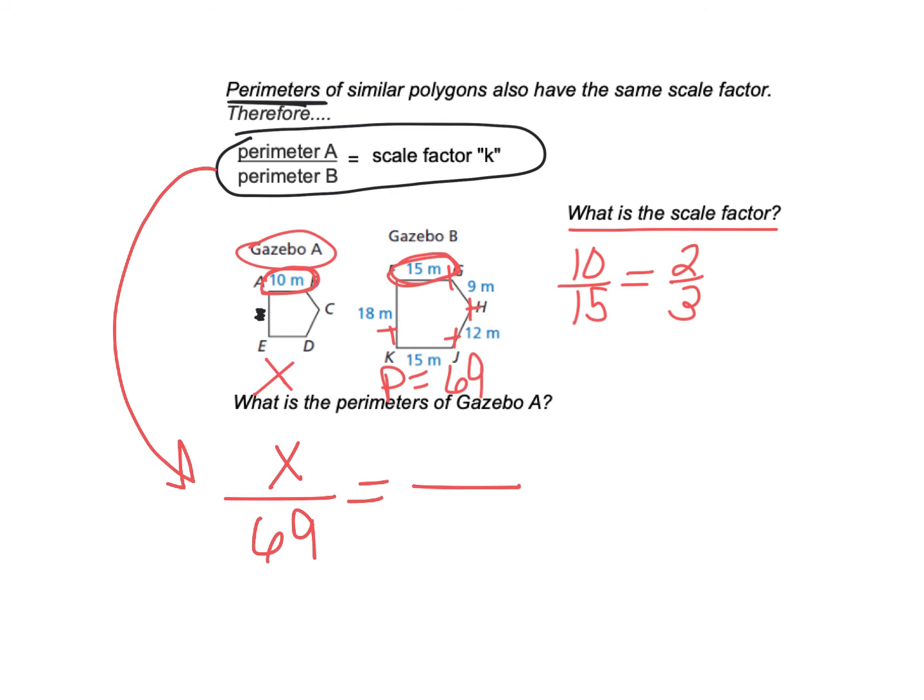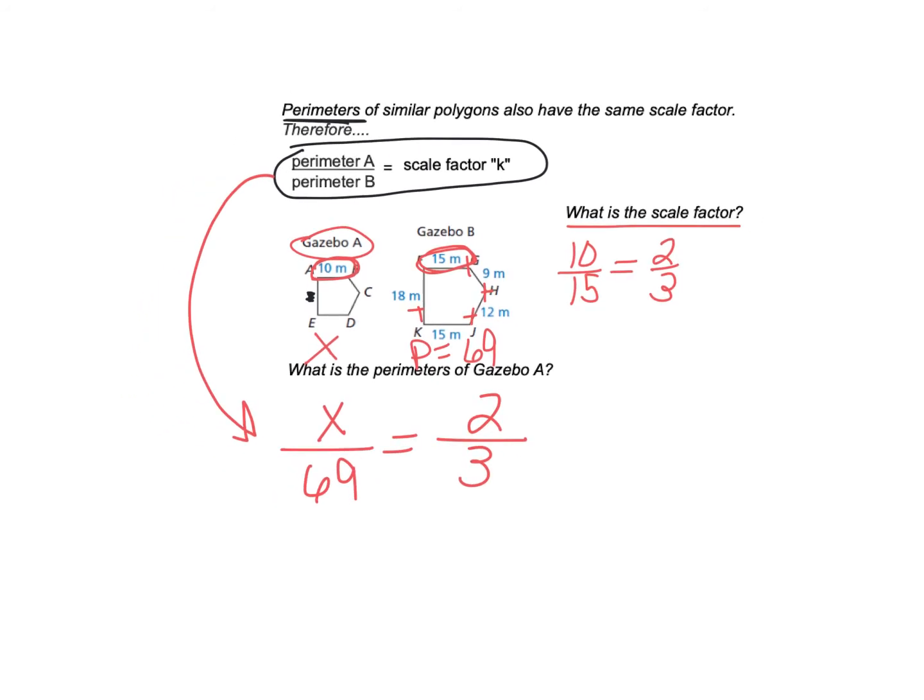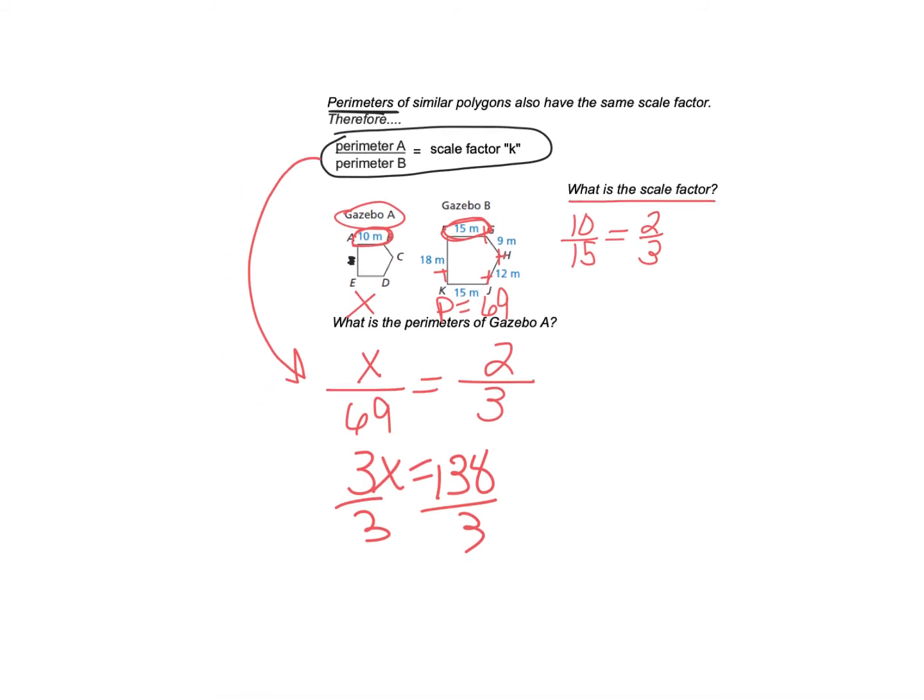Since we have our small on top, big on the bottom, we're going to have our small on top, 2 over 3. And we can go ahead and cross product to solve that. 3x equals 138. And if we divide by 3, what do we get? 138 divided by 3 is 46. So the perimeter of our smaller gazebo is 46.